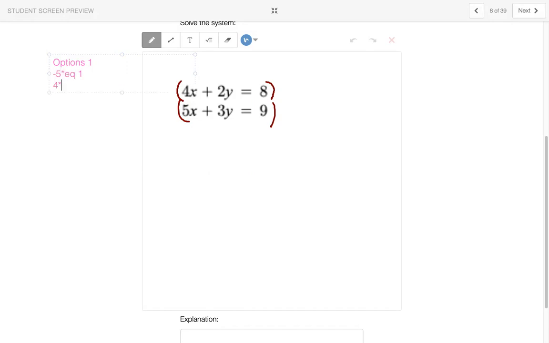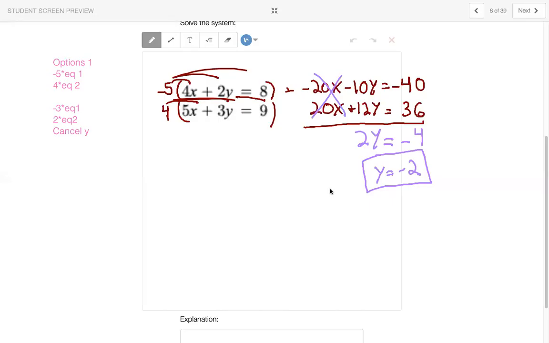You could multiply 4 times equation 2, and then combine. That would cancel x. You could also do what? -3 times equation 1, 2 times equation 2, and that would cancel y. Those are two options. If you want to try one of these out, go for it, but I'll show some work on this in a second.